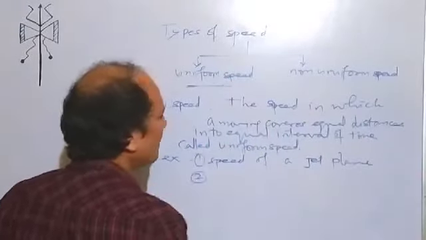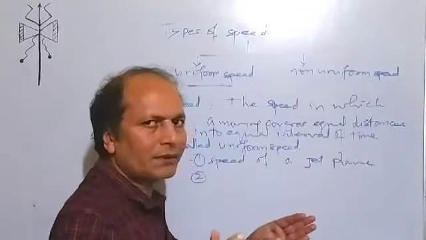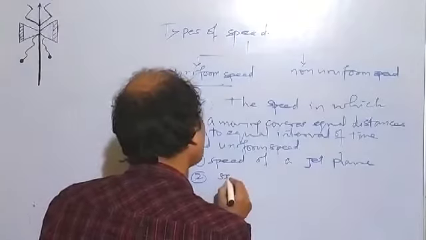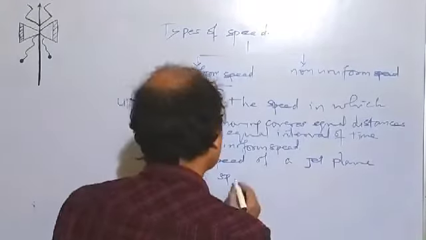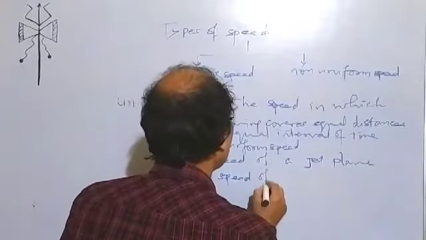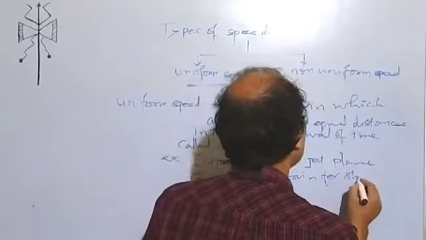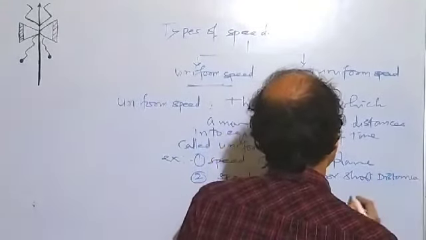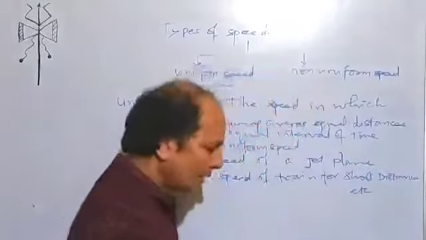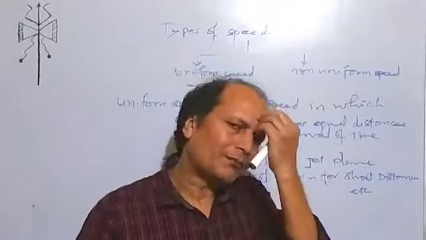Number one, speed of a train for a large distance, speed of a train for a short distance, etc., in which a body covers equal distances in equal intervals of time.